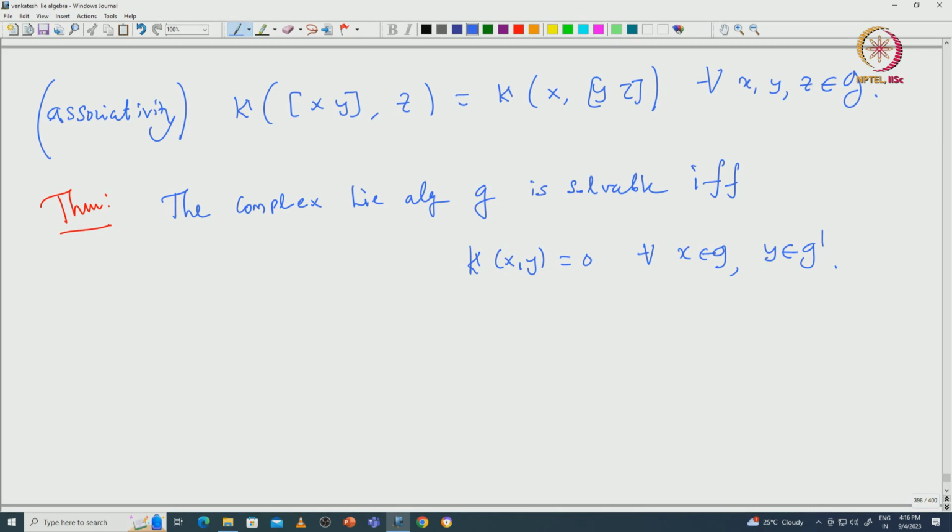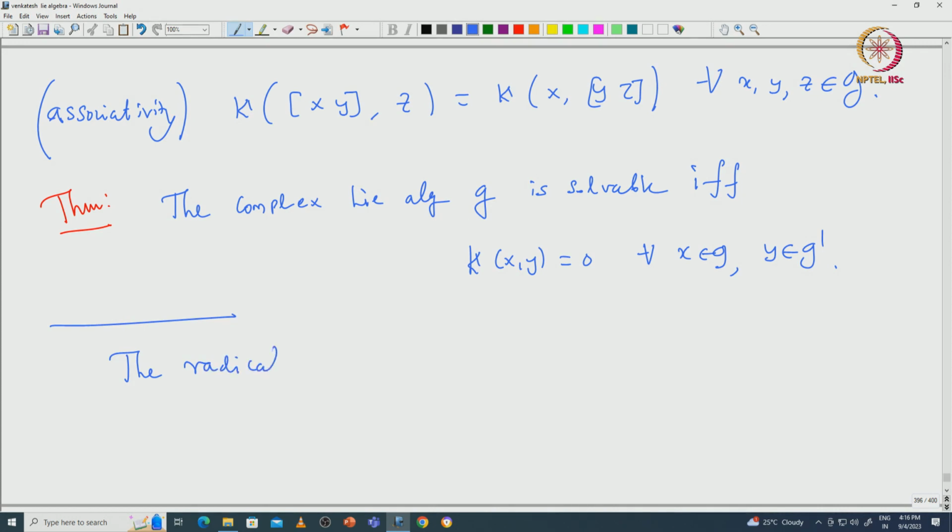Let us see in terms of the radical of the Killing form what this means. That way we will get some more insight about this criterion. So what is the radical of the Killing form? Here is the definition.